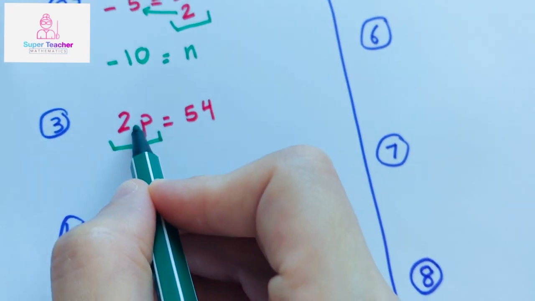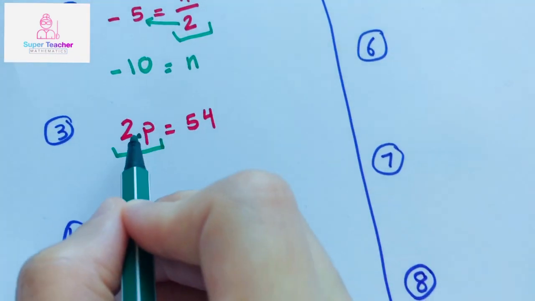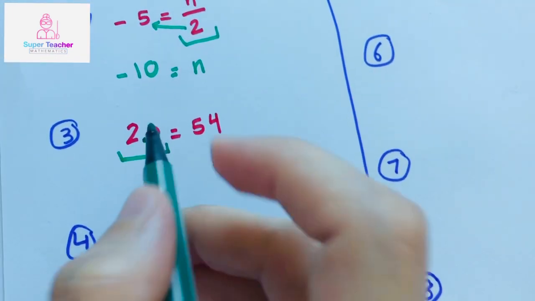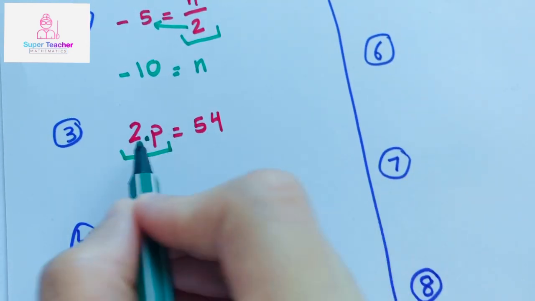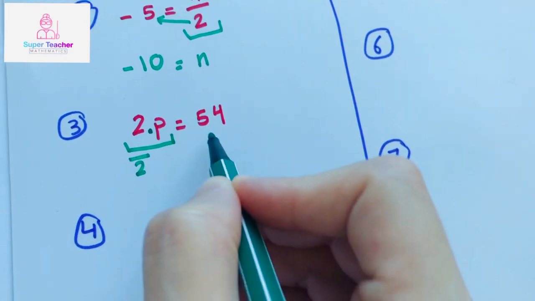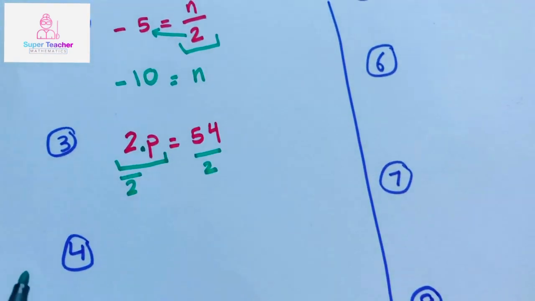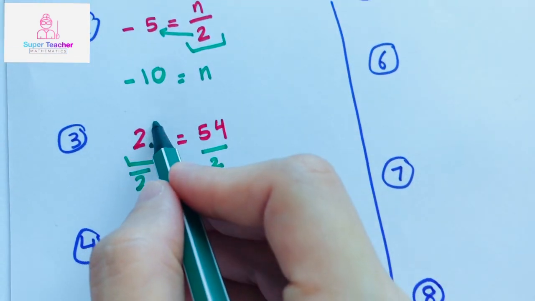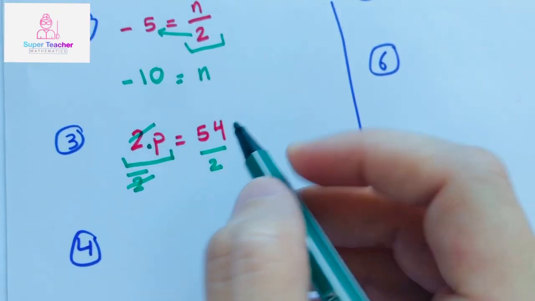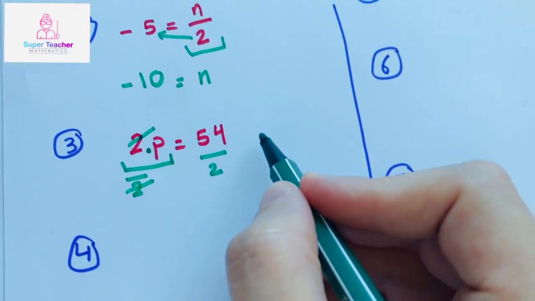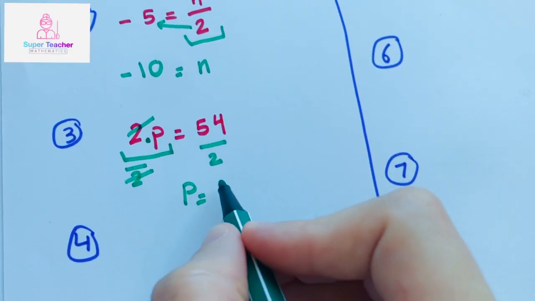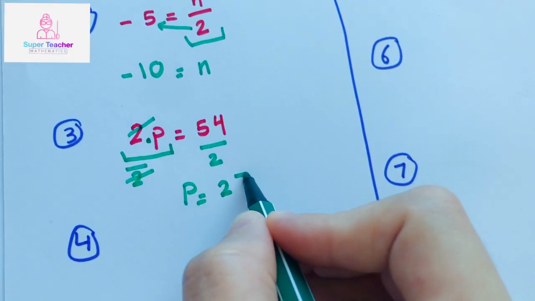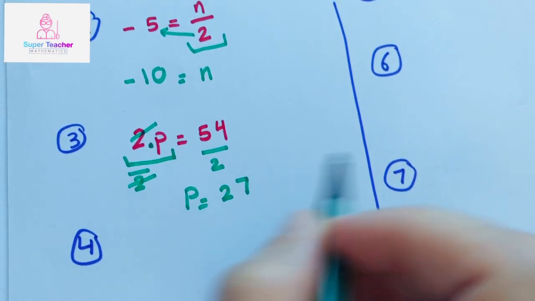It is multiply. If you don't have anything, that means multiplication. So I'm going to divide both sides by 2. Here I will cancel 2 by 2. Divide by 2, it will be 1. And 54 divided by 2 equals 27.